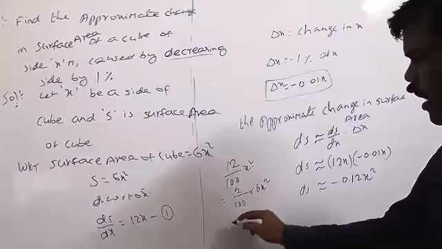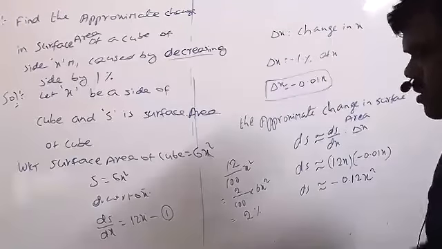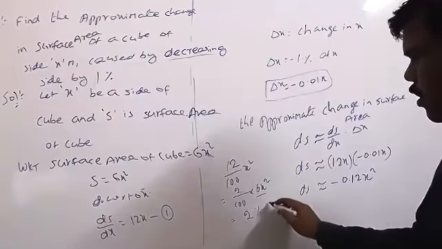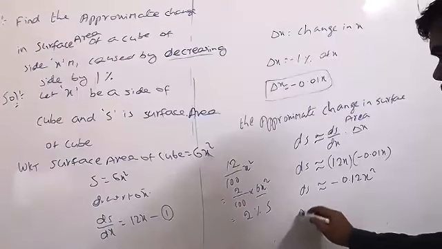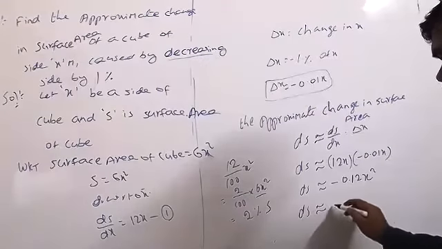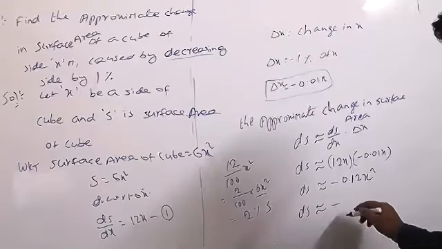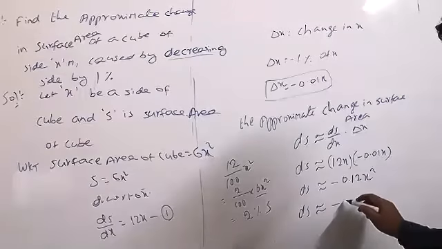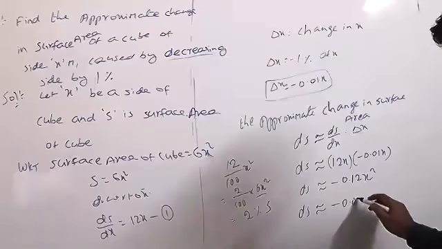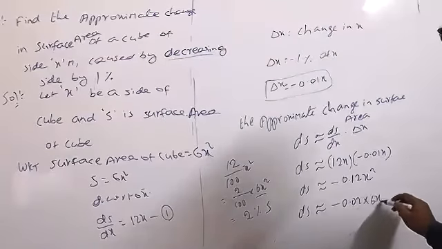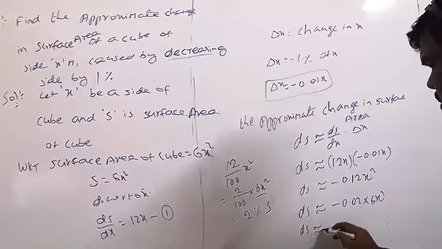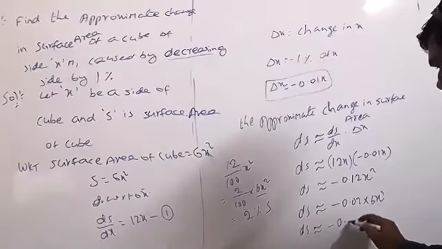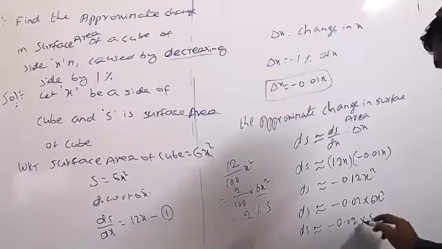What is the meaning of 2 by 100 here? It is 2%. Since the negative is already there, dS is approximately minus 0.02 into 6x squared, that is, minus 0.02 into the surface area.